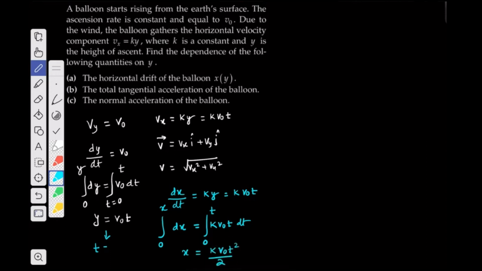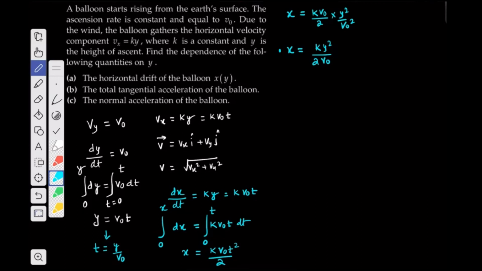And then t equals y by v naught. So I'll replace t there to know x in terms of y. So k v naught by 2 into y square by v naught square. So we get x as a function of y as k y square by 2 v naught. Easy or not? First part.